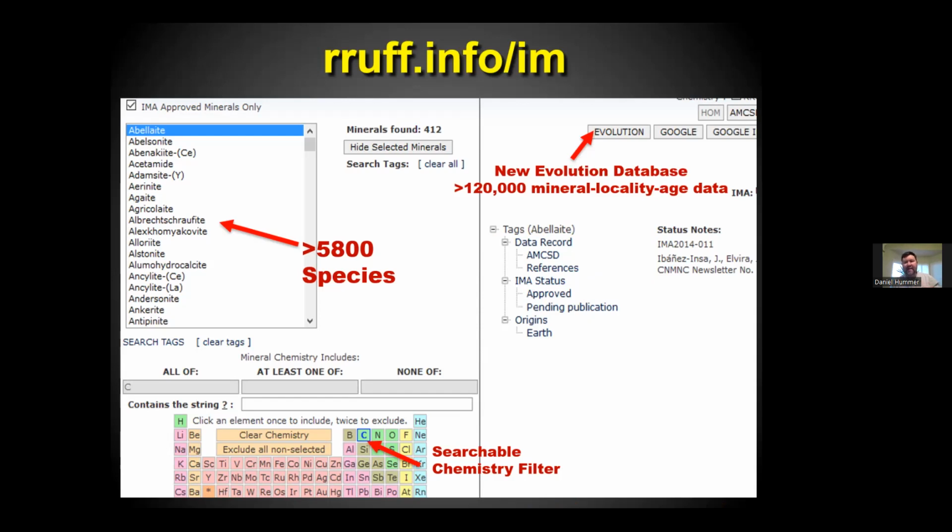And so what we mean by that is that a particular mineral occurs at a particular location, and it has been dated with reasonable accuracy, using standard methods, using radiometric methods, or whatever it may be, to have formed at a particular geologic age. So that's also something that we take advantage of.